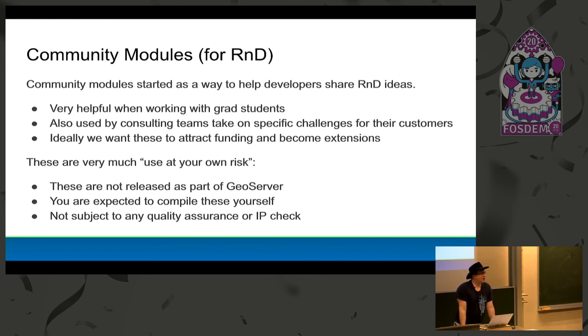So they are doing some work in public for their customers, but they haven't yet met our requirements for documentation and quality assurance. So if you see a community module, it's an opportunity to pick up the code yourself or to see who's interested in supporting it. It's very much use at your own risk.